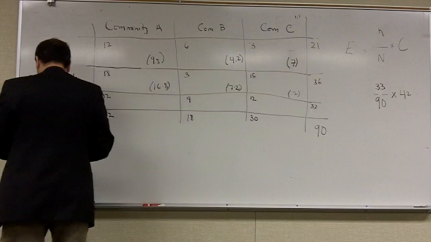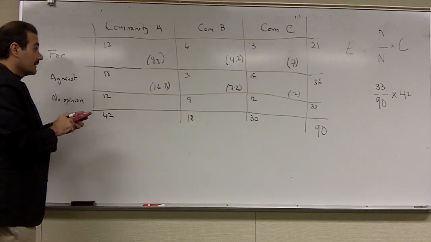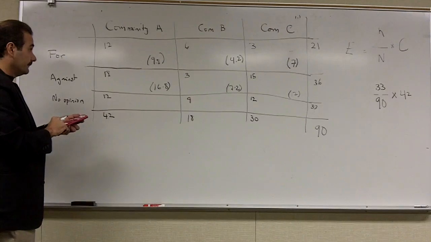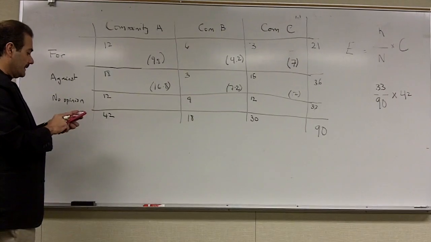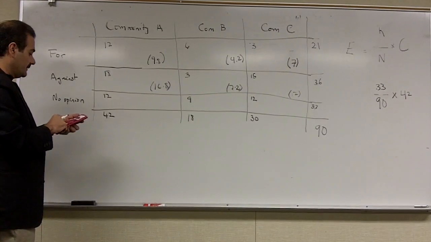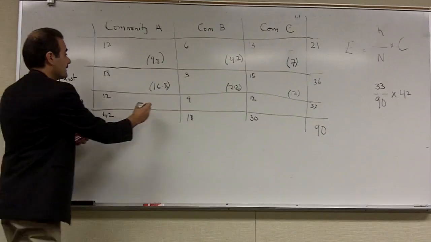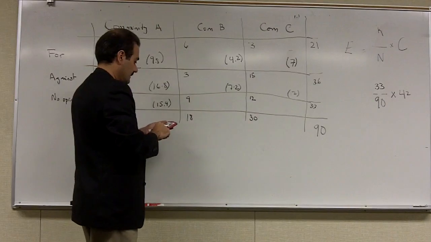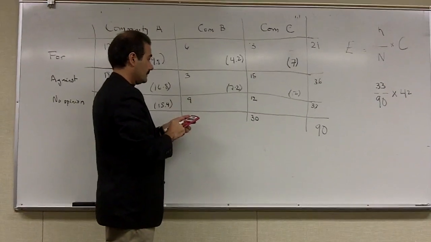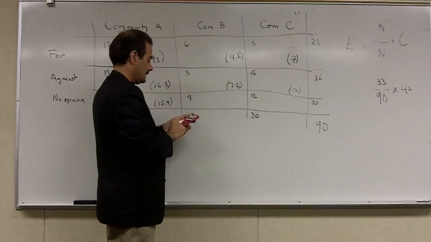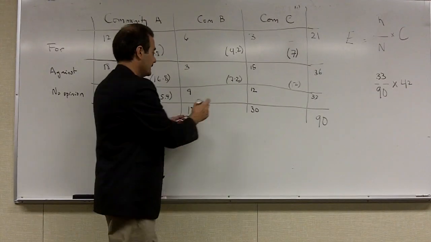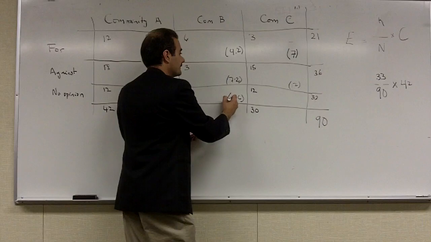So let's do that. 33 divided by 90 multiplied by 42 gives us 15.4. And then 6.6.